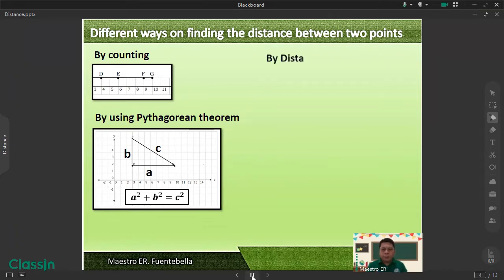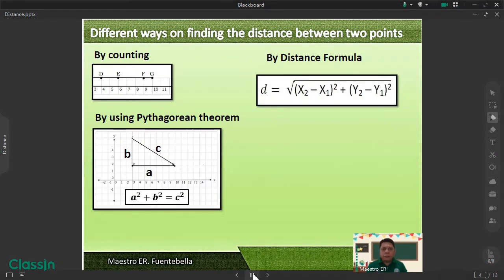And the other way is by using the distance formula, d equals the square root of the quantity x sub 2 minus x sub 1 squared plus the quantity y sub 2 minus y sub 1 squared. So let's focus now on using the distance formula in finding the length of the segment.